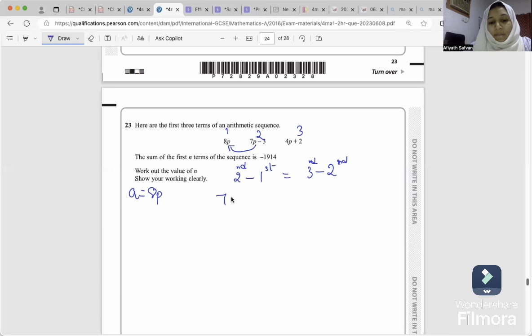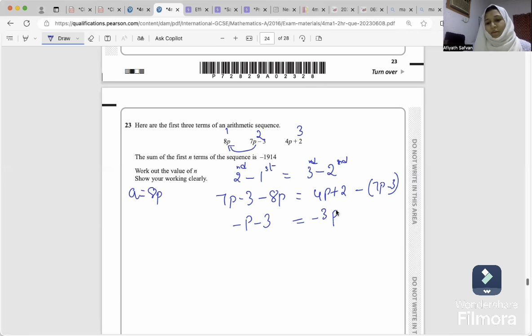So the second term is 7p minus 3 minus 8p, which is equal to the third term 4p plus 2 minus the second term 7p minus 3. Okay, so 7p minus 8p becomes minus p minus 3, which is equal to 4p minus 7p, which is minus 3p, plus 2, minus into minus plus 3.